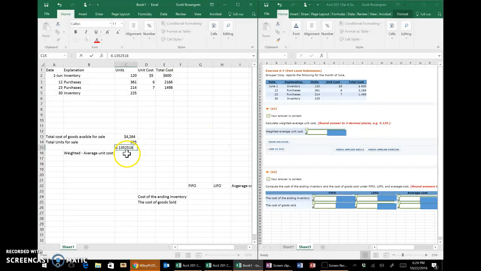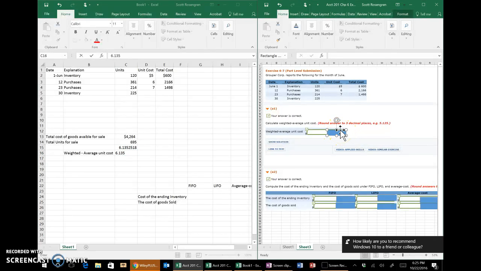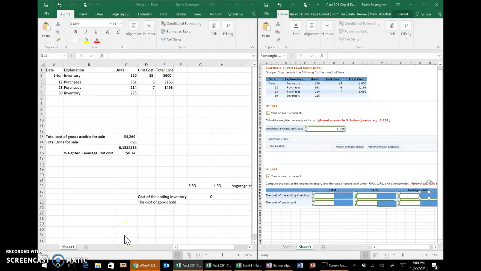So then if we round it to 3 decimal places, our weighted average unit cost would be 6.135. And we can check our answer here on Wiley. And you have 6.135, and we're correct. We'll use this number when we calculate our average cost in the second part of the problem.